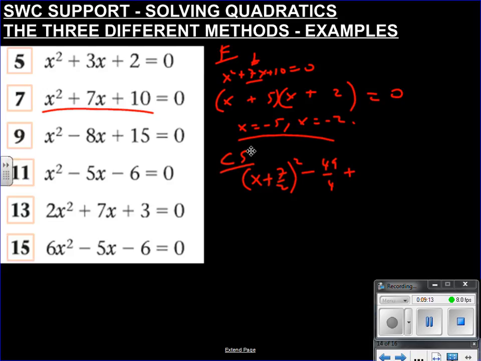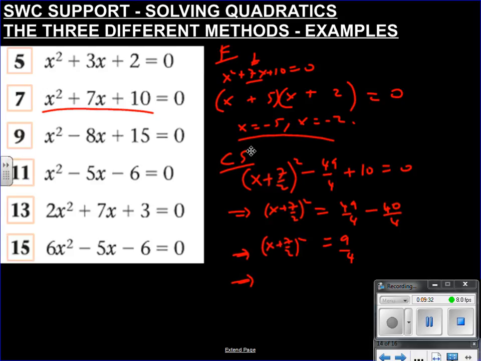So that's (x plus 7 over 2) squared equals 49 over 4 minus 10, which is the same as 40 over 4. So that is 9 over 4.